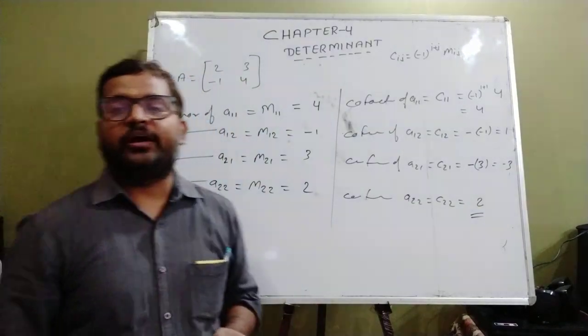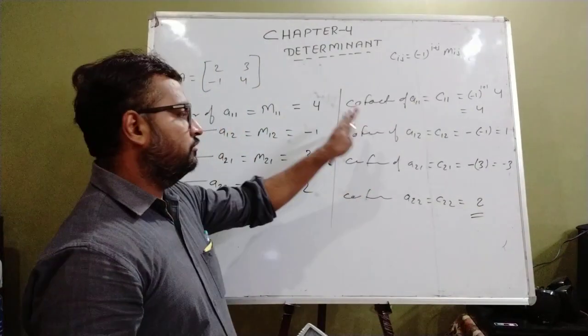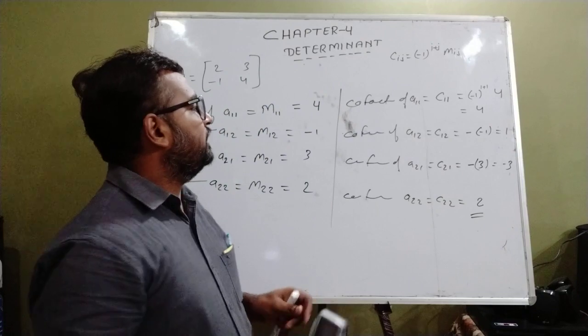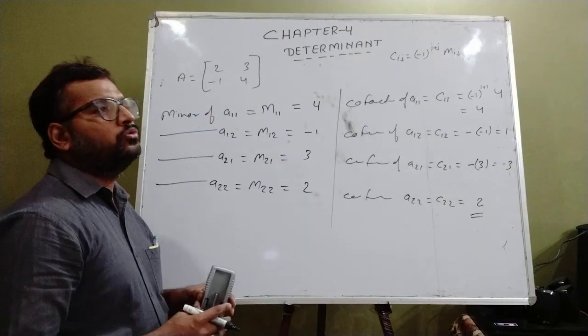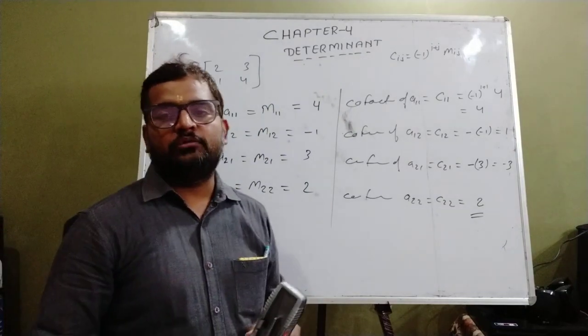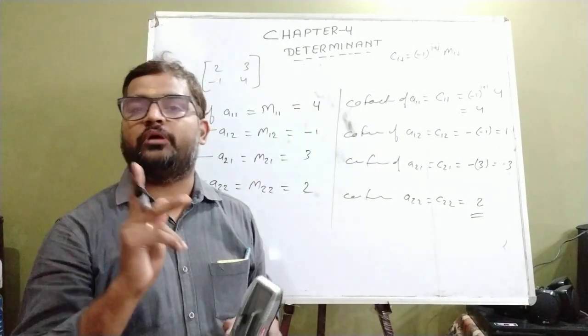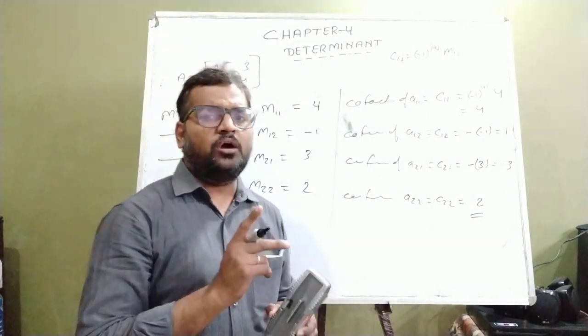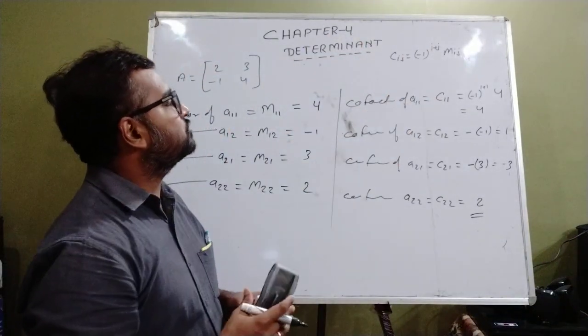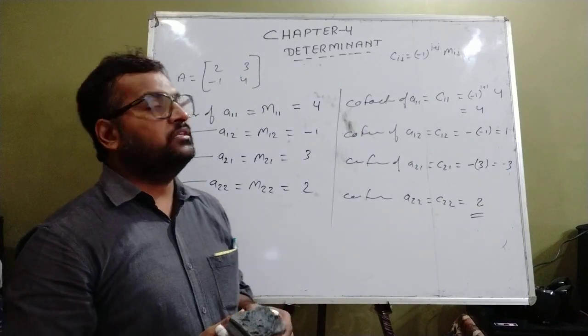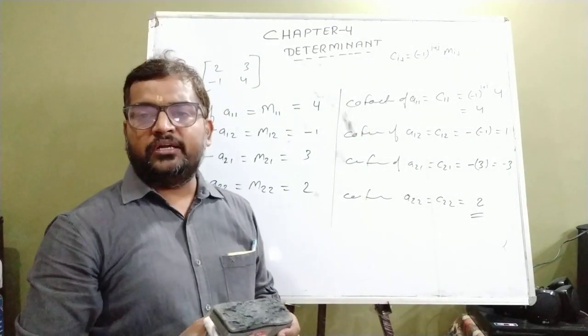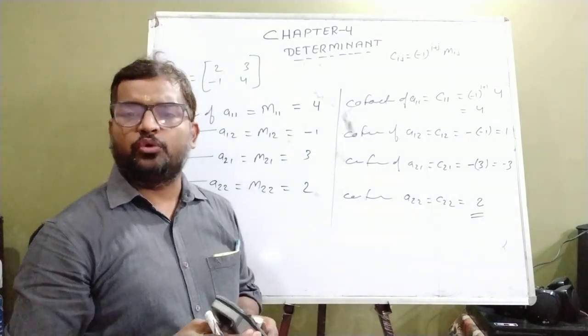So that is how to find the minor and the cofactor. We have the concept of the minor and cofactor, which is calculated for the elements of a square matrix. Mij is the notation for the minor and Cij is the notation for the cofactor.